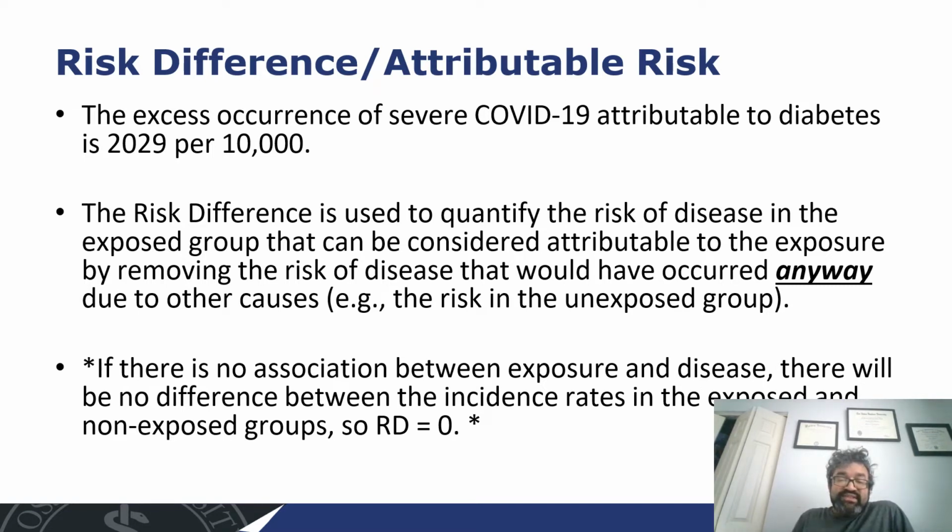So the risk difference is used to quantify the risk of disease in the exposed group that can be considered attributable to the exposure by removing the risk of disease that would have occurred anyway due to other causes. If there's no association between exposure and disease, there will be no difference between the incidence rates in the exposed and non-exposed. So risk difference is 0.